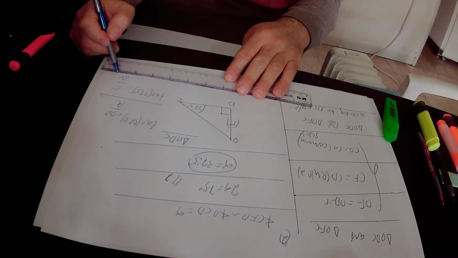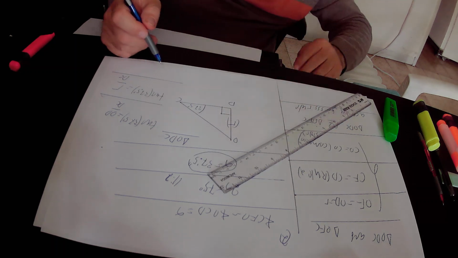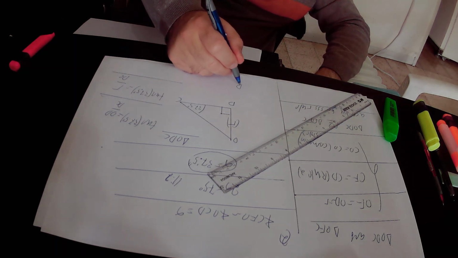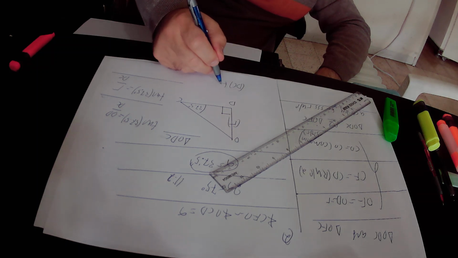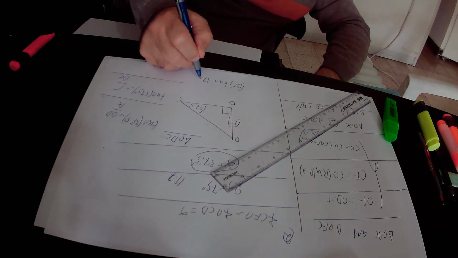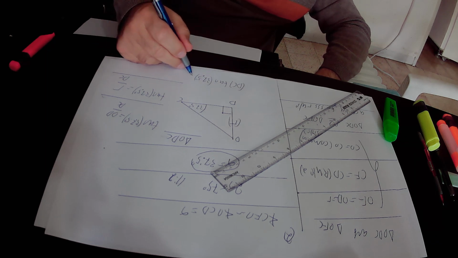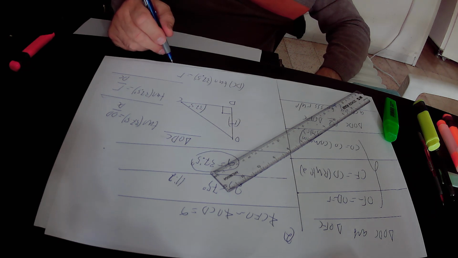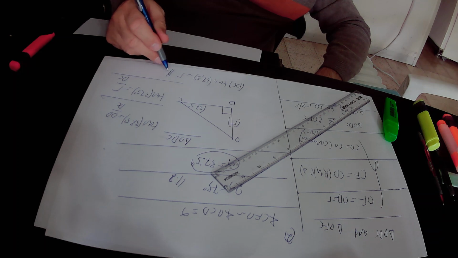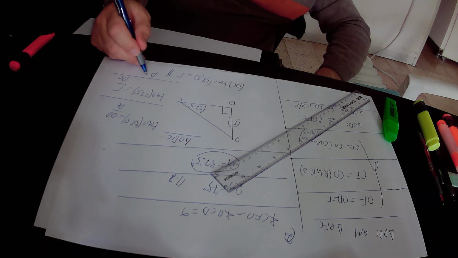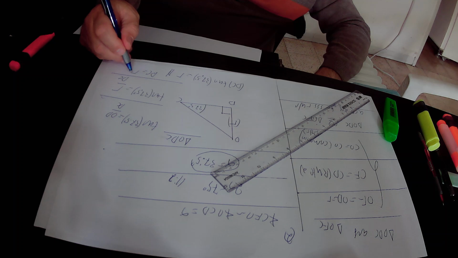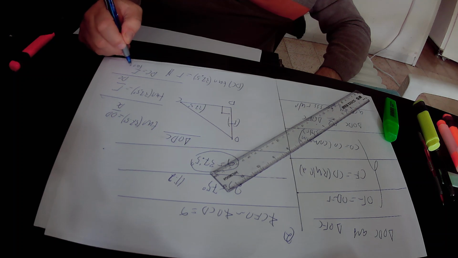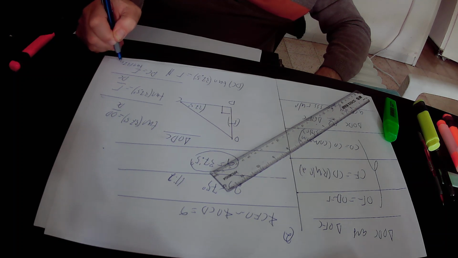Here we will multiply this equation by DC and we get that DC times tangent 37.5 degrees equals R. Here we divide this equation by tangent 37.5 degrees, and finally we get that DC equals R over tangent 37.5 degrees.